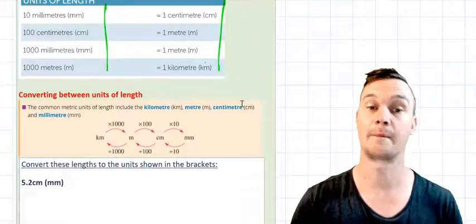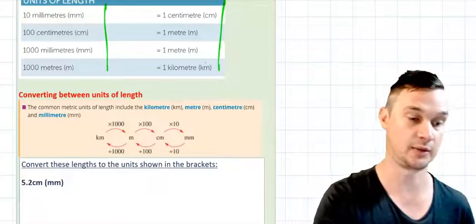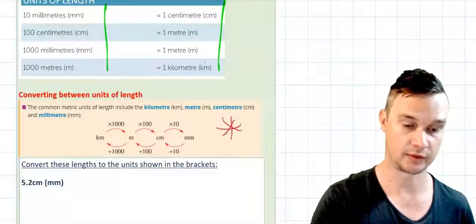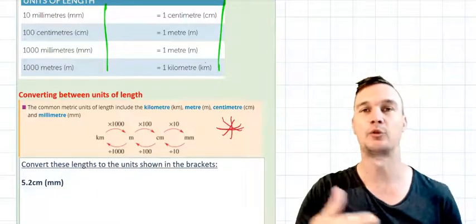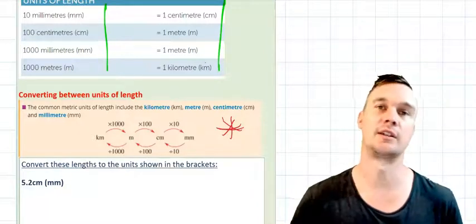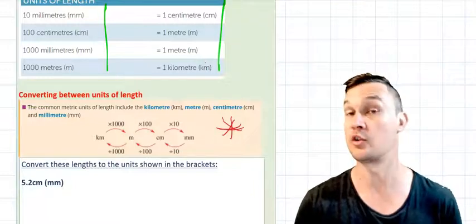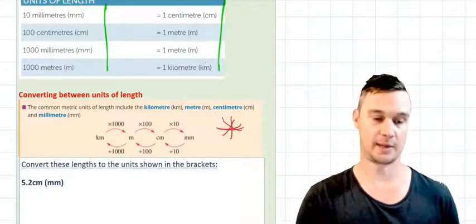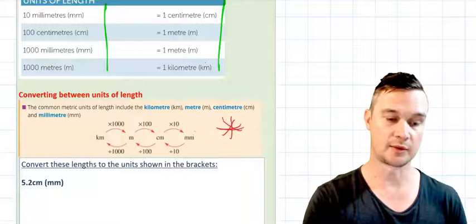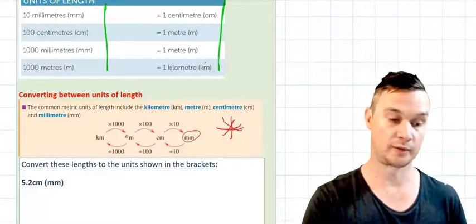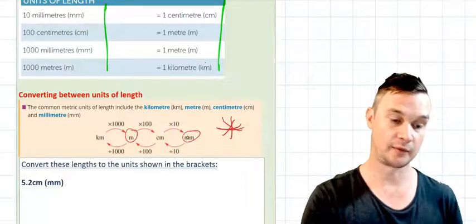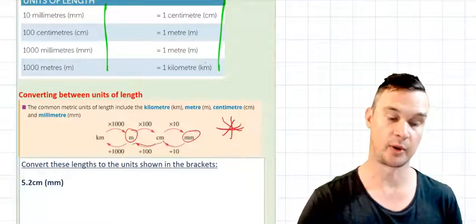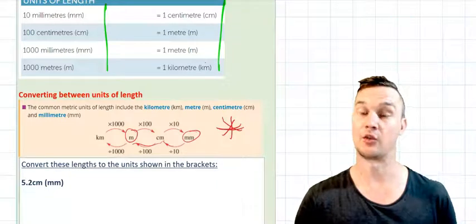If we know 1, we can follow the process here, which I will draw. In this asterisk part here, if we can follow this process, we're easily able to convert into the different units of measurement, or the units of length. So for example, if you knew what the millimeters were, and you wanted to find out what the meters were, you divide first by 10, and then you divide by 100, and then you will get your answer.